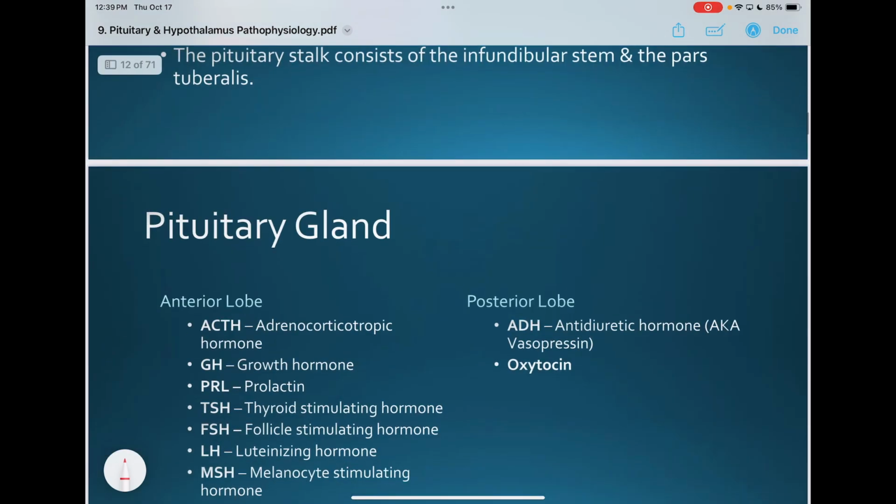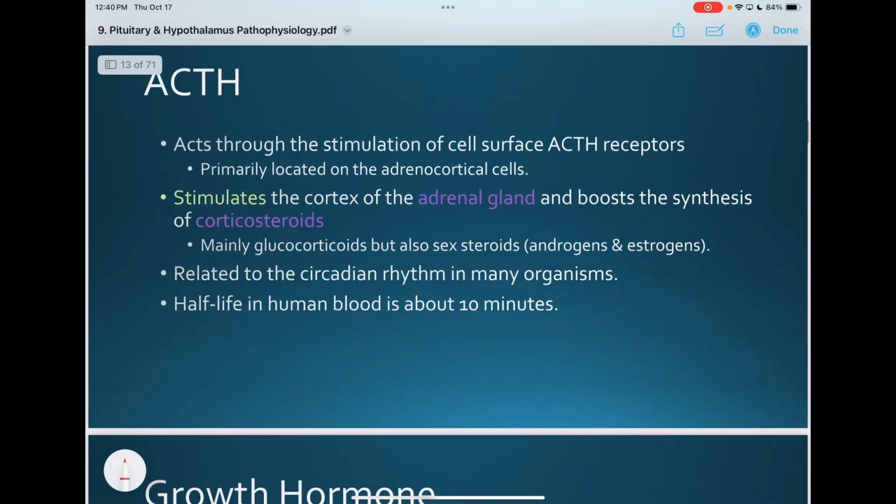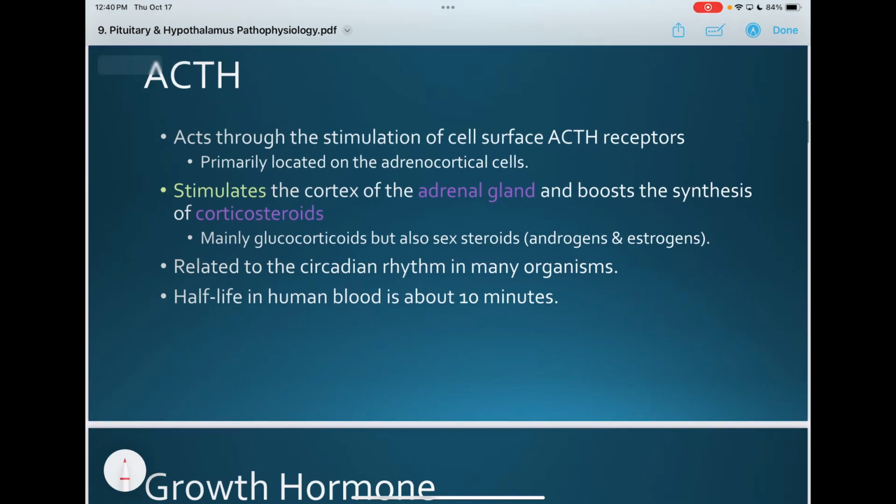Okay. So again, review, remember what hormones come from what. ACTH stimulates adrenocortical cells. Again, the main goal of ACTH is corticosteroids. Related to circadian rhythm, again, cortisol.